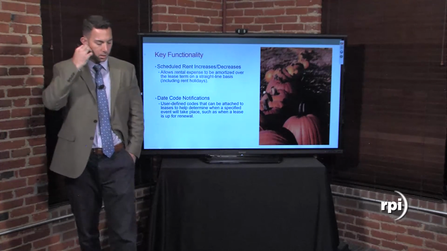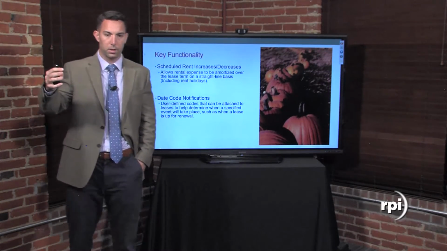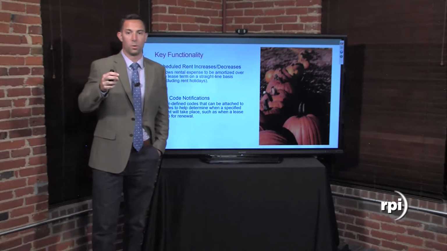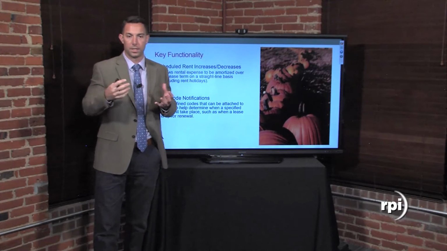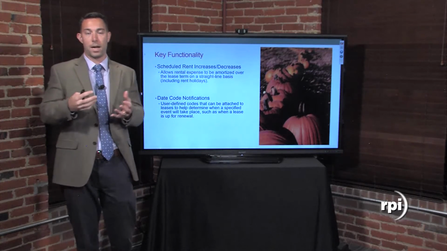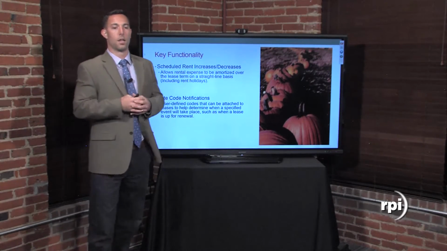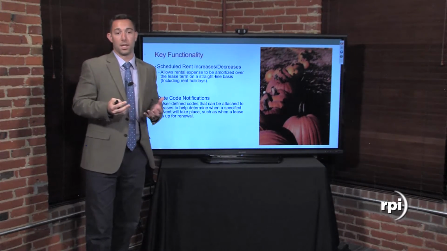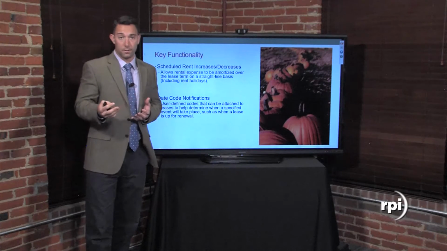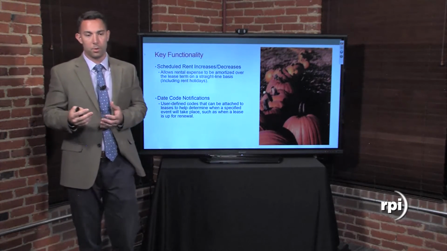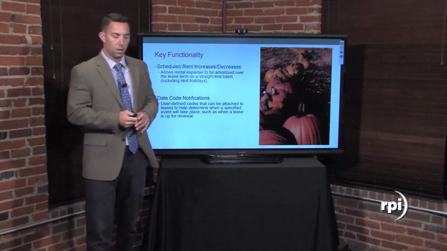And date codes. So these are nice. These are kind of tag-ons to your leases that allow you to mark specific milestone events or specific dates that you need to be aware of for that lease. So they're user defined, and a good example is a renewal for a lease.